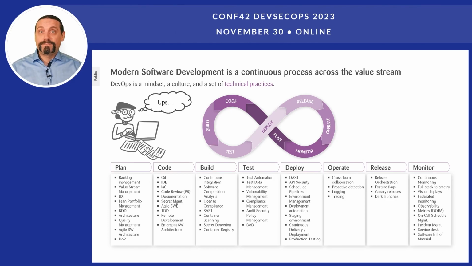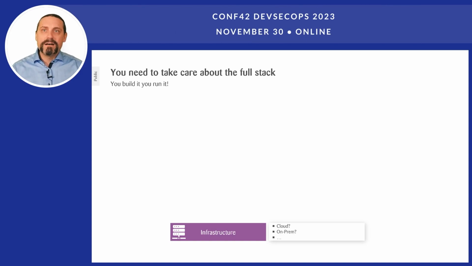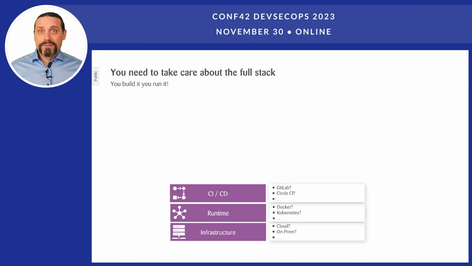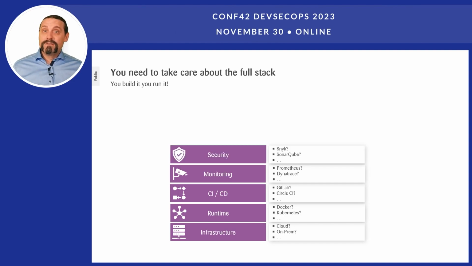That's wow. Now, it even gets harder because you remember we said you build it, you run it, which means you take care of the infrastructure, cloud, on-prem. You need to take care of the runtime, Docker, Kubernetes, VM. You need to take care of the CI/CD pipeline, GitLab, GitHub, CircleCI, or whatever you want to use, monitoring, Prometheus, Dynatrace, Datadog, and whatever you want to use, security with Snyk, SonarQube, and so on.